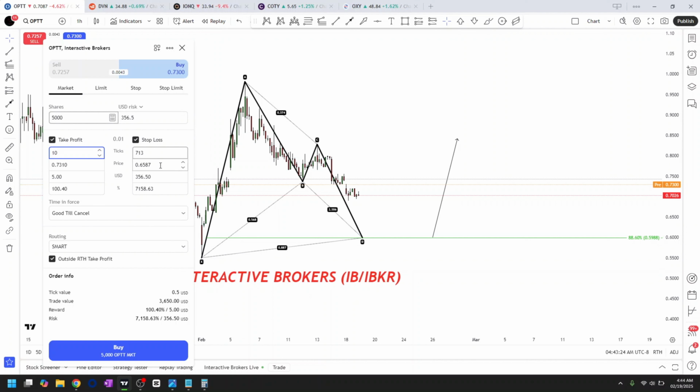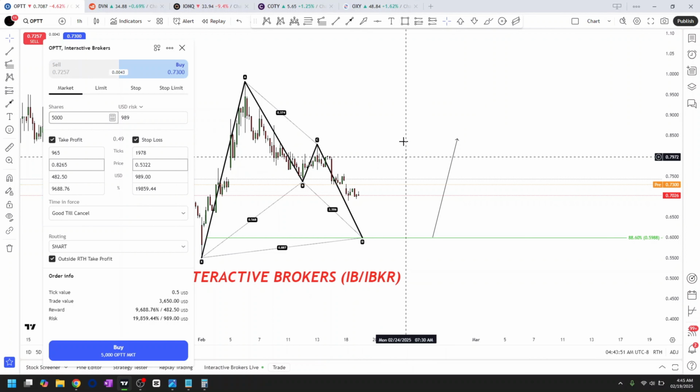And I would target 82.65, 0.8265, and let's just do a fake stop of 53.22, a stop loss of 0.5322. And so this is a buy limit order.